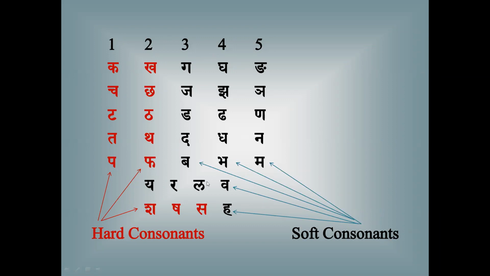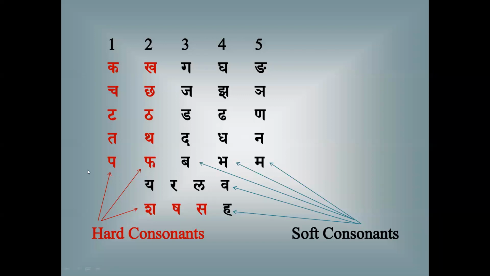Yara, lava is a separate category. That is what we saw: the classification of consonants as class consonants, varga vyanjanani, and then semivowels and sibilants. So when I say the second letter of all the classes, it means the class consonants only. If required, you can put a line here.